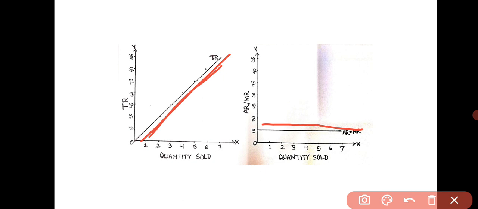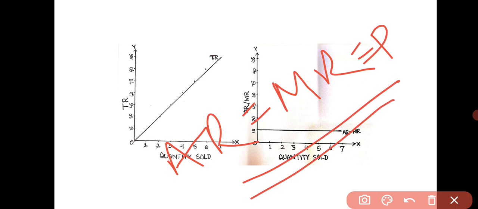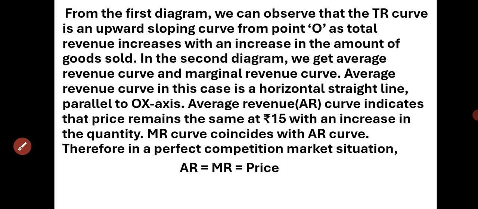So they coincide with each other and it is parallel to the OX axis. So we know that in a perfect competition market, AR is equal to MR, which is equal to price, right?